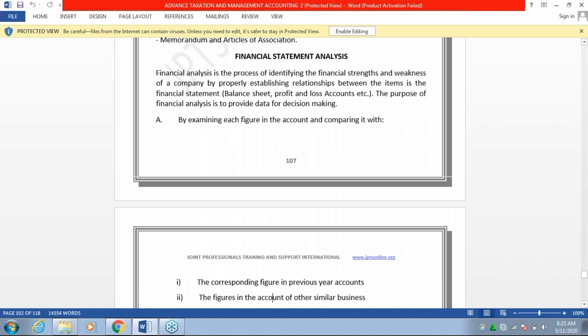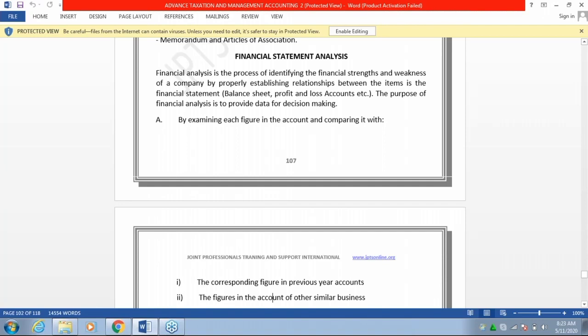So the financial strength and weakness of the company is determined by properly establishing a relationship between the items in the financial statement, that is the balance sheet and profit and loss account. The purpose of financial analysis is just to provide data for decision making. Are we moving ahead? Are we continuing in the business, or are we quitting? Should we borrow money to augment our capital base?